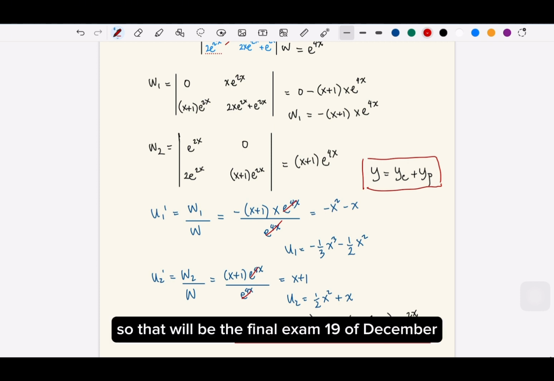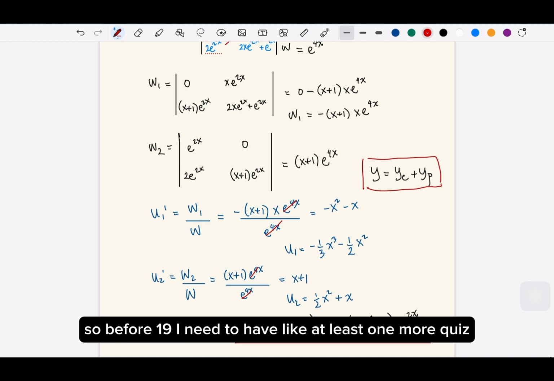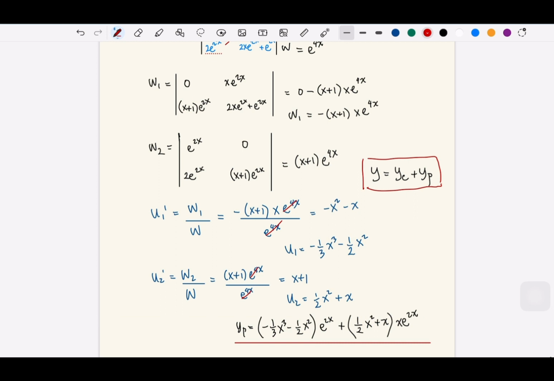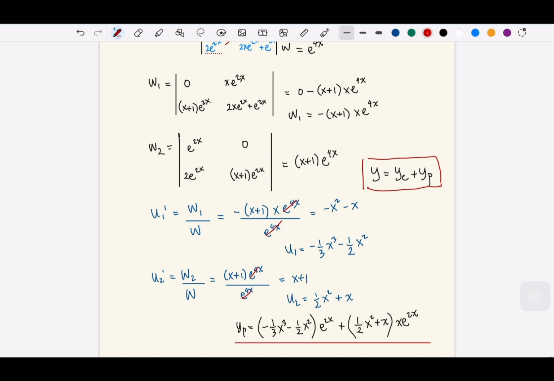So that will be the final exam, 19th of December. So before the 19th, I need to have at least one more quiz. So this second quiz will be on higher order differential equations.